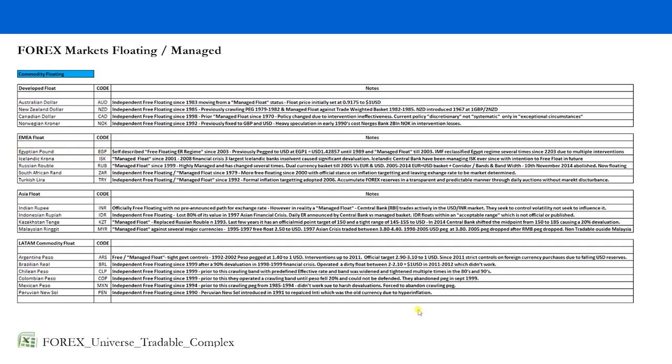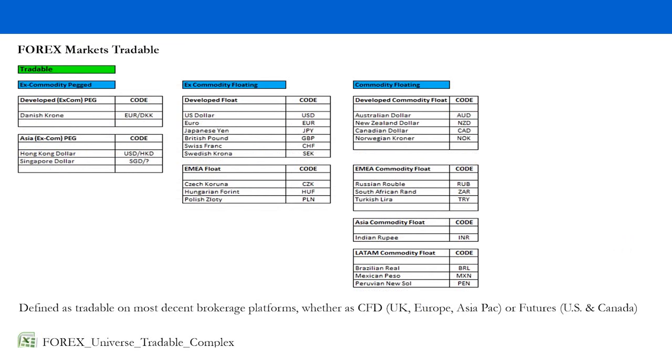So we then move on to the next level, which is to say, okay, we've defined our opportunity set in terms of volatility and opportunities, but now we need to break down even further what we can and can't trade. And what's tradable is what you see here in front of you, defined as ex-commodity pegged, ex-commodity floating, and commodity floating.